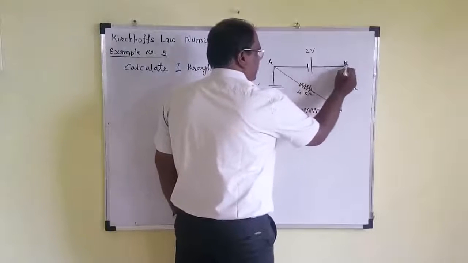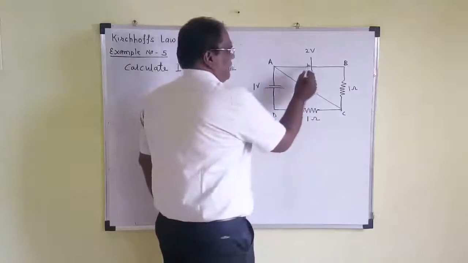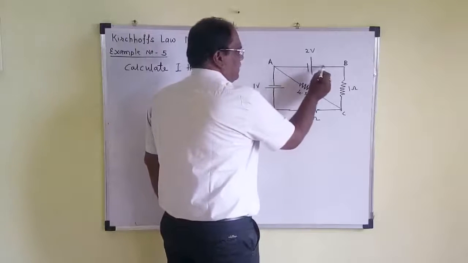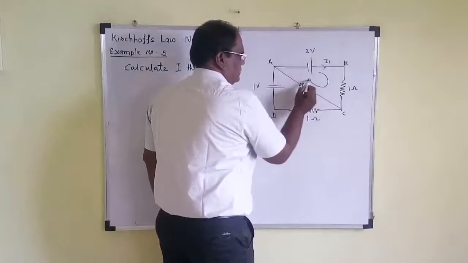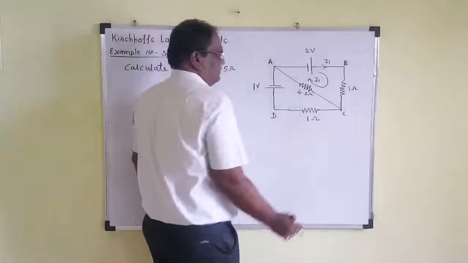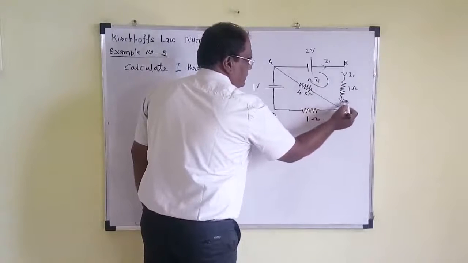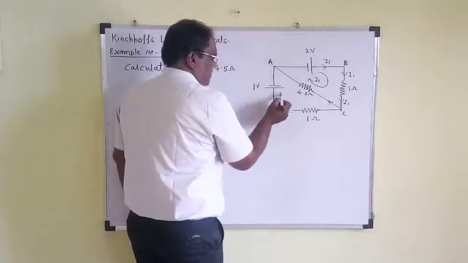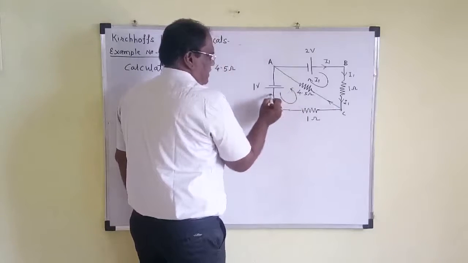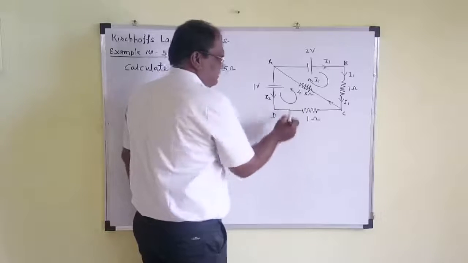Thus, point A, B, C, D, these are the 4 points. Now the battery, for this battery, current flowing in this direction, let it be I1. This is the direction of current I1, means I1 is current flowing through branch. At the same time, let I2 be the current supplied by this battery.